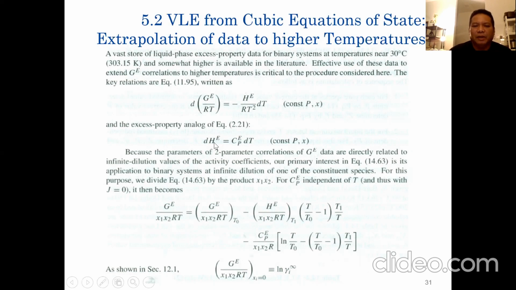We can relate it with this GE, this form here, and we expand it, but we know that enthalpy is equal to this equation here, and then we expand this equation until we got this: GE over x1 x2 RT, ln gamma 1 and ln gamma 2 at infinity. Remember this when we do the line.